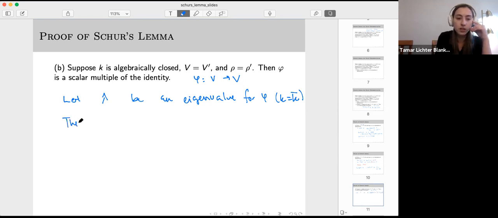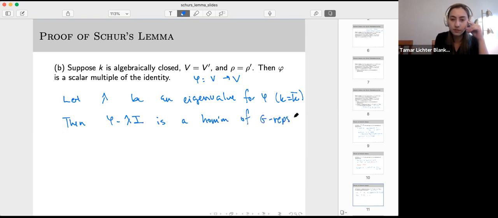So then I claim that phi minus lambda times the identity, this is like the diagonal thing, since we're trying to show these two maps are equal, is a homomorphism of G representations. The way that you can see this is you can apply this to g dot acting on some element.